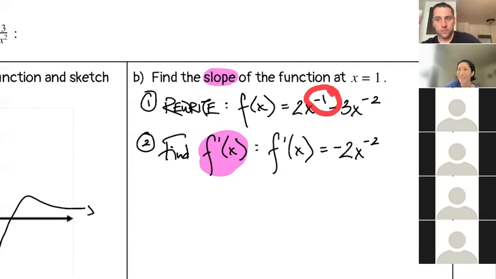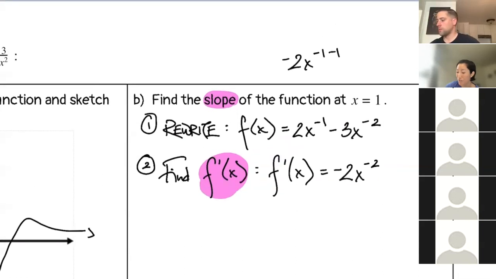And I'm actually really glad that you put yourself out there and made that common misconception, because when we're subtracting, right, -1 minus 1 gives us -2. And I know you folks know that, right? Which is why a lot of times I'll tell students to write out -1 minus 1 or whatever that power is, just to prevent those mistakes. Okay, so we get -2x to the -2 plus 6x to the -3. Perfect. That matches what we have in the chat there.